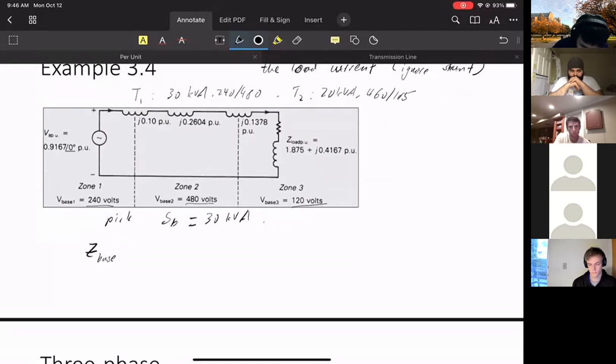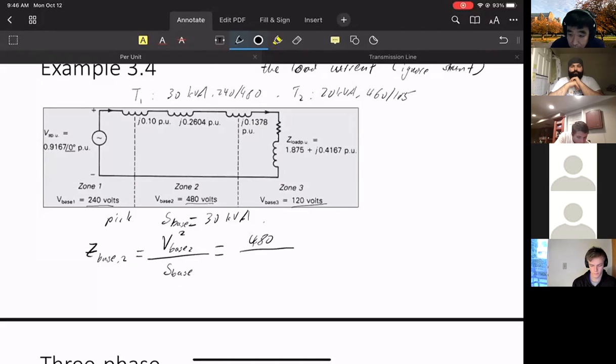Let's look at the base impedance for zone 2, the middle zone. This is the base voltage squared over the power base we choose, so 480 squared over 30k. This is 7.68 ohms.